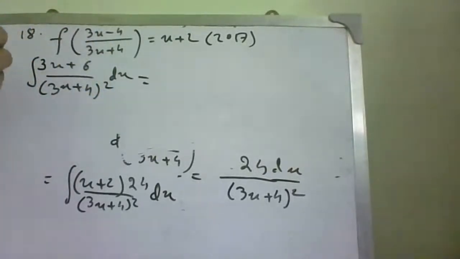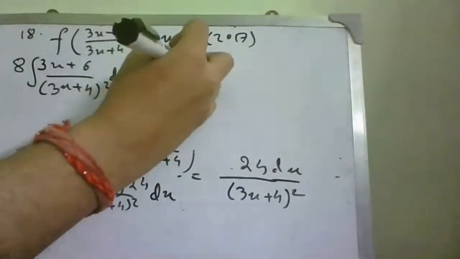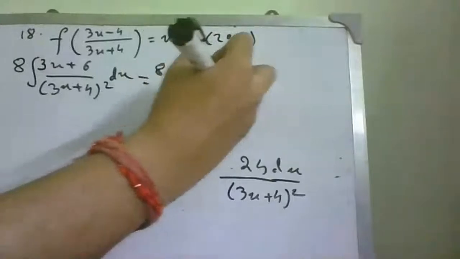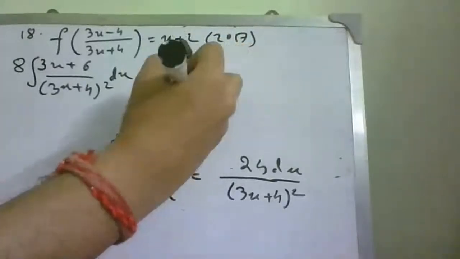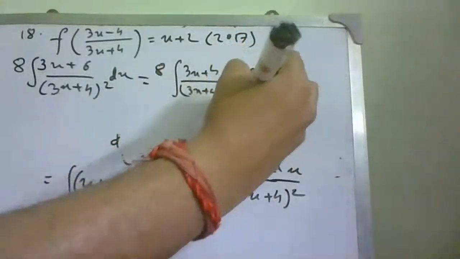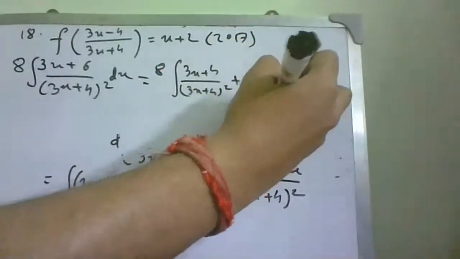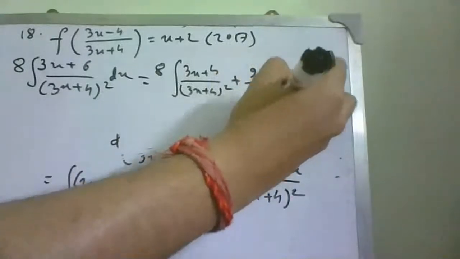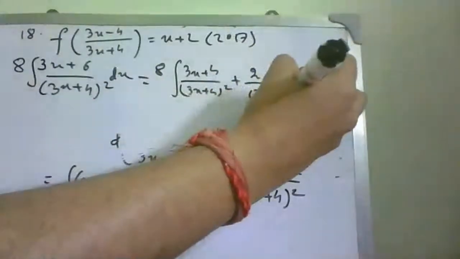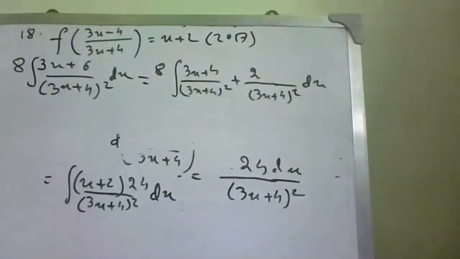So we had 24 outside, so this is basically 8. This is 8 times the integral of (3x plus 4) over (3x plus 4) squared plus 2(3x plus 4) squared dx.